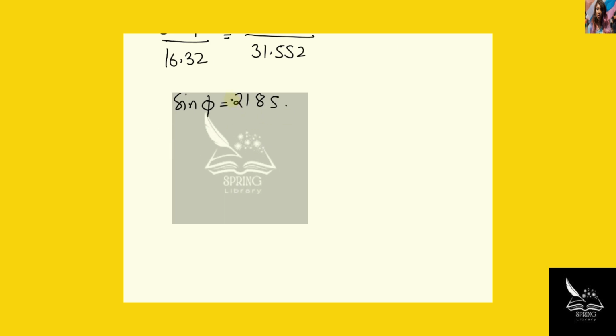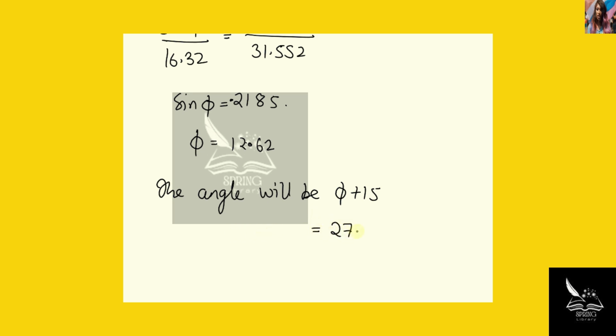So phi from here will be 12.62 degrees, but we want the angle from the north, so the angle will be phi plus 15. So this angle will be equal to 27.62 degrees from north to east.